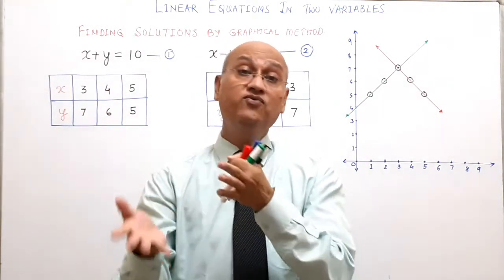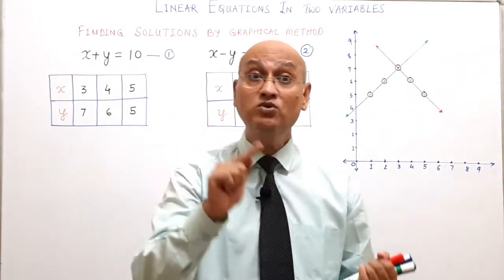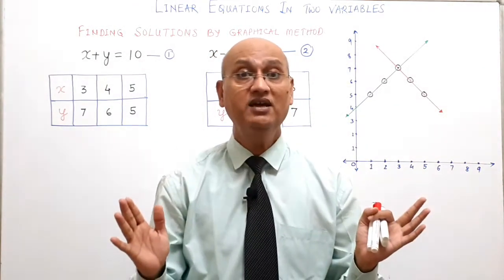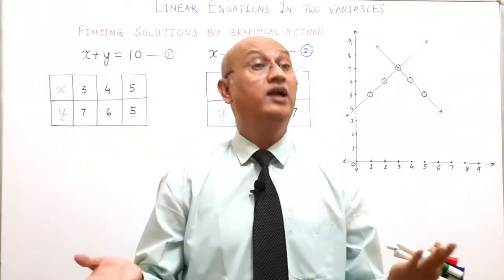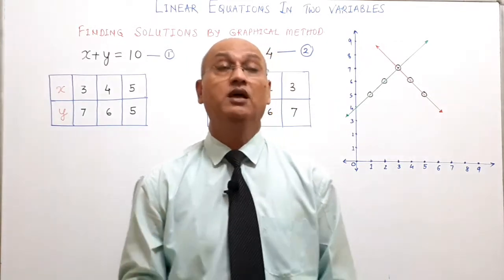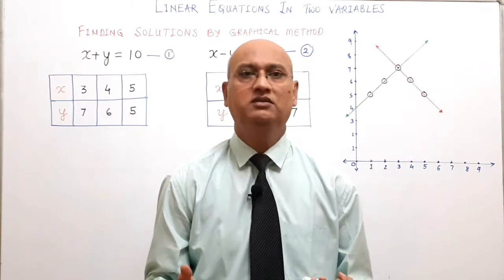But if two equations are given and you are asked to find a solution common to both equations, we are going to learn that method. Students, there are two methods used for finding this solution.